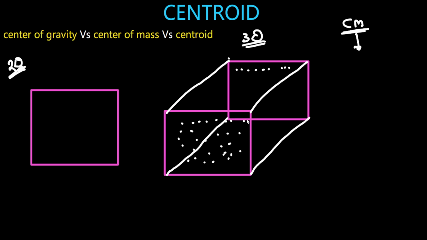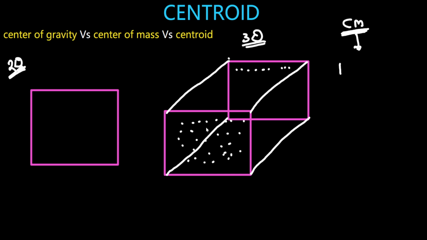The object contains a number of masses, so we are considering center of mass as a point on the object itself, where all the mass is concentrated. Suppose there are n masses, m1, m2, up to mn.